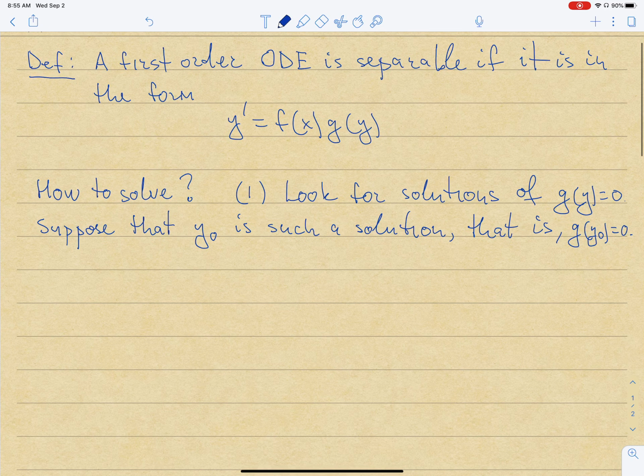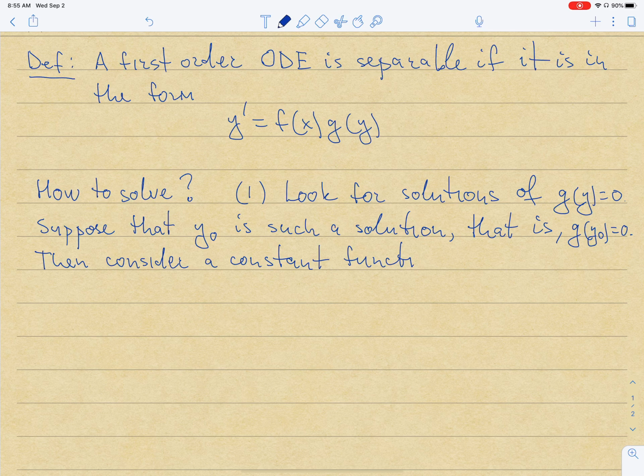Okay, so then consider a constant function, y equal to y0.